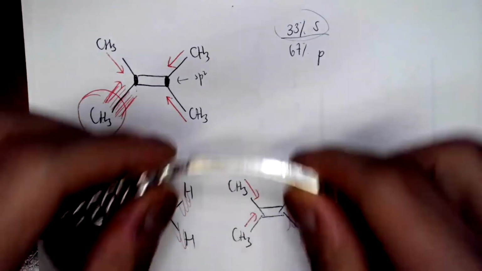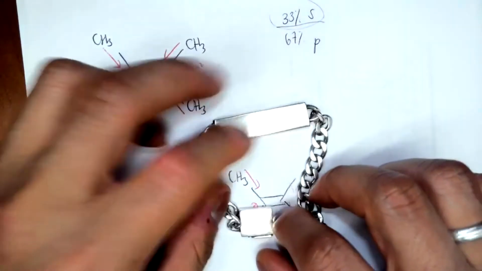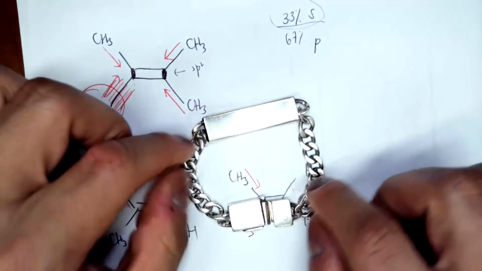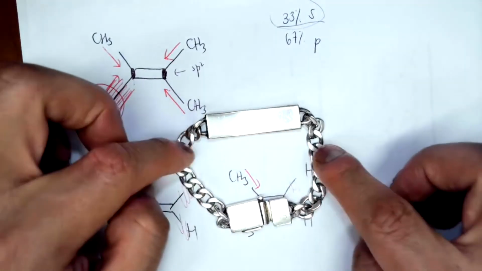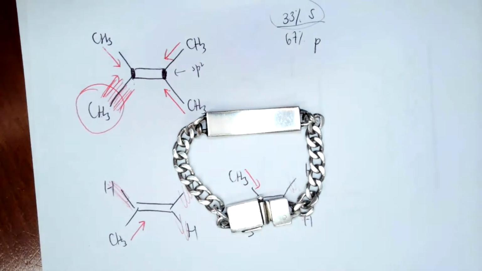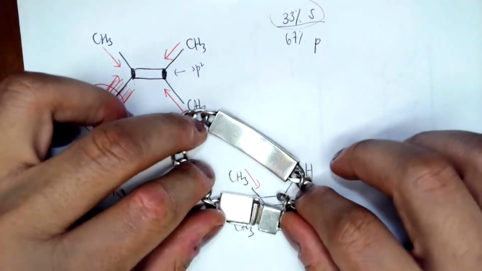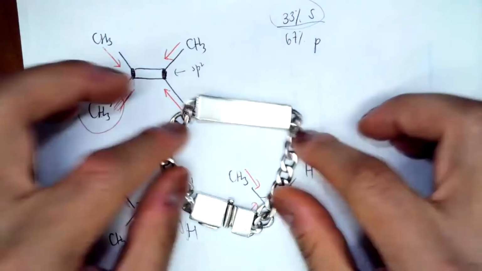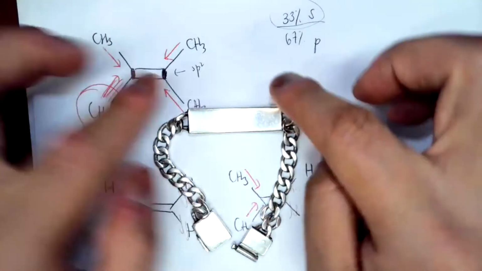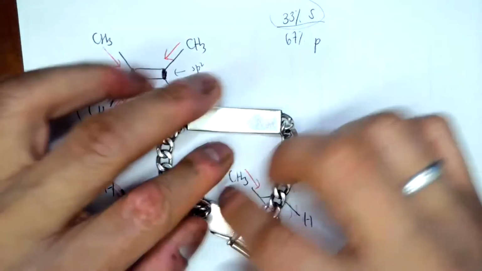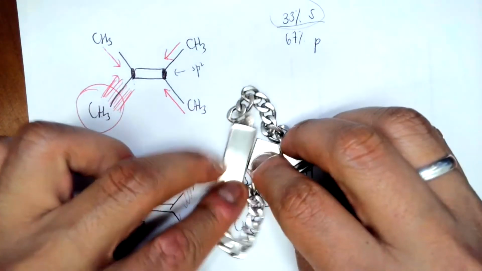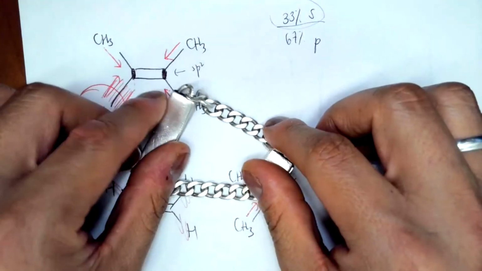Let's say this is a 6-member ring. In this 6-member ring, there is really no more option to rotate. I cannot really fold it, so there's not enough space. If I have 2 groups here, they will have to be cis. Even if I try to fold it, there is not enough room for me to get them trans.